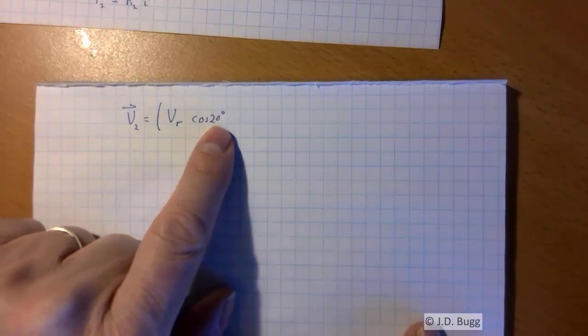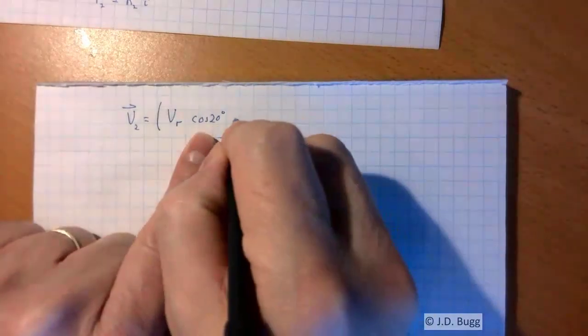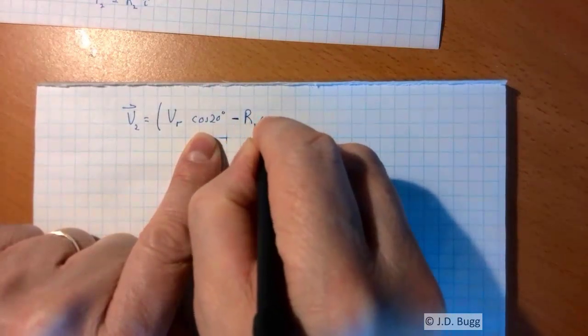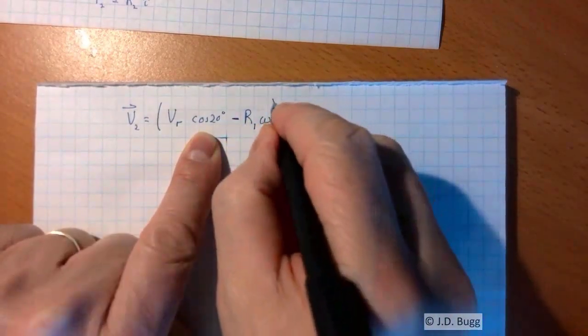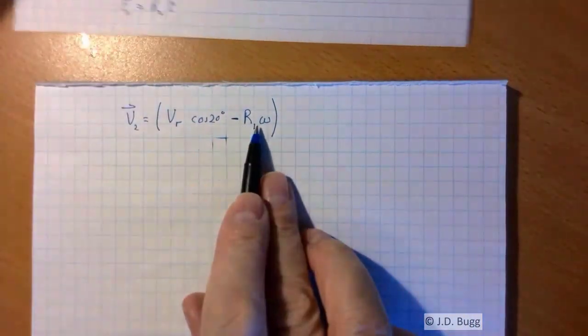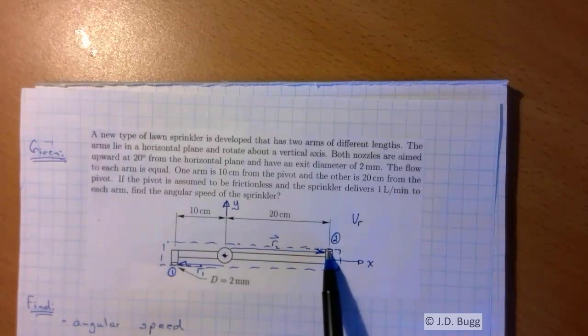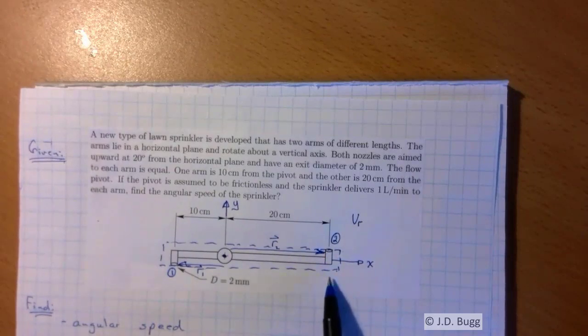Now, the problem is that's the velocity relative to the nozzle. We need to subtract from this R omega. Why do we need to subtract that? Because at this instant in time, that nozzle is moving downwards in the negative J hat direction.